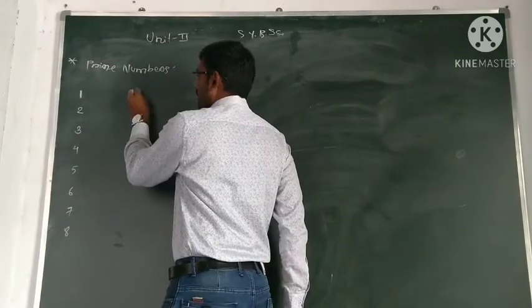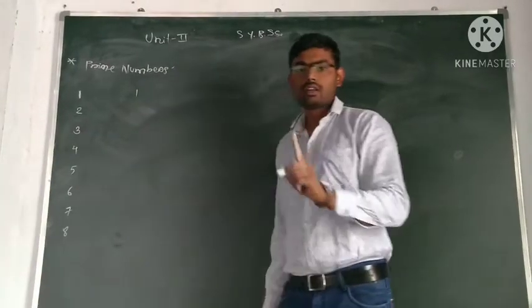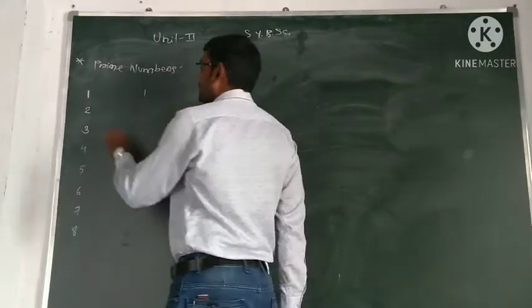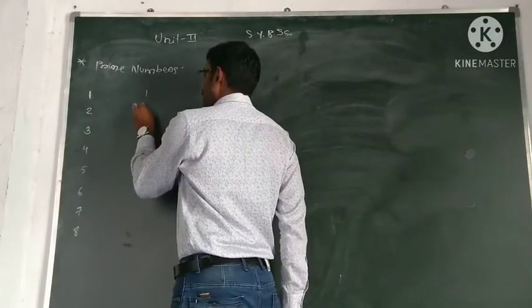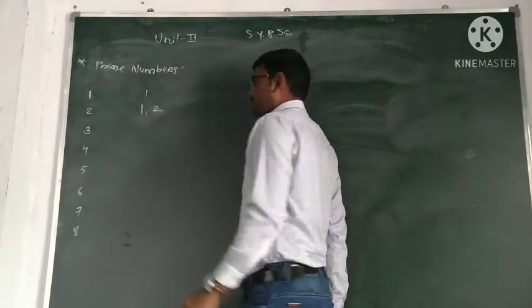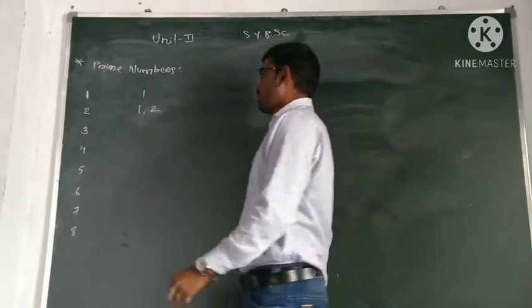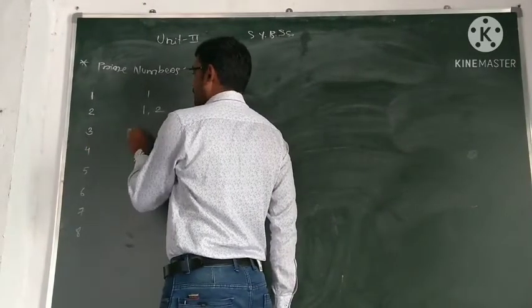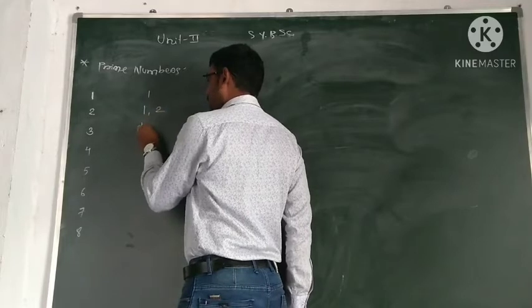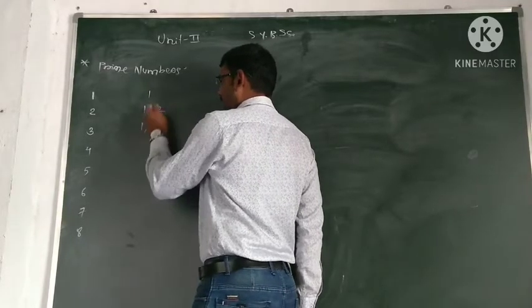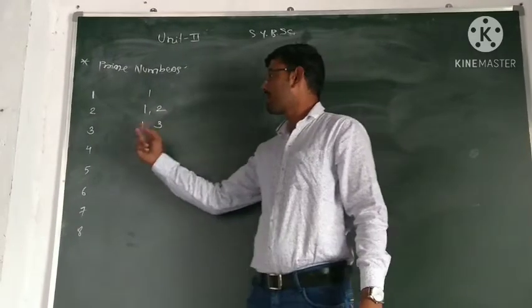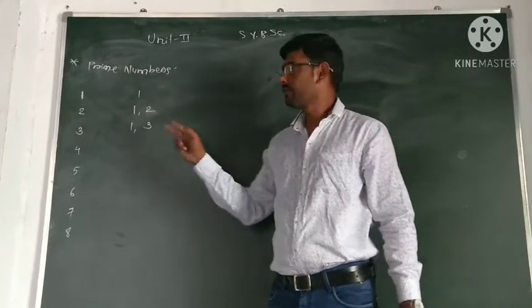The divisor of 1 is only 1. What are the divisors of 2? There are only 2 divisors, 1 and 2. What are the divisors of 3? Only 2 divisors, 1 and 3. No other number divides 3.